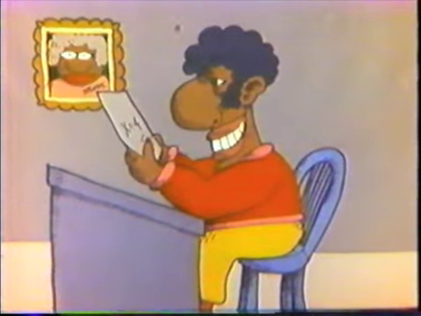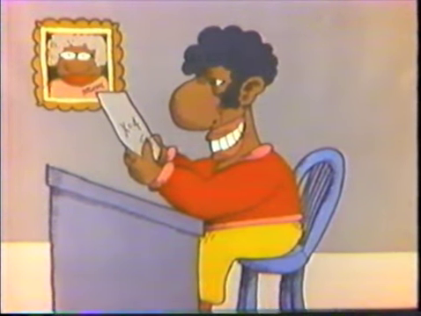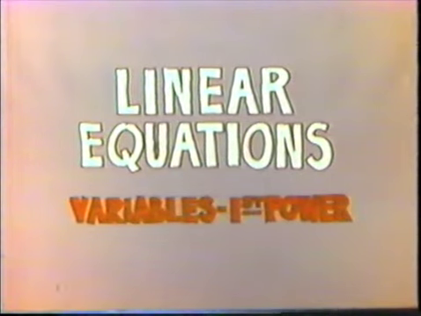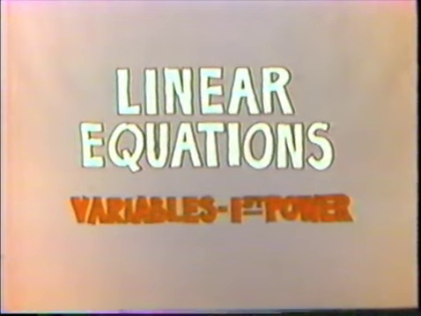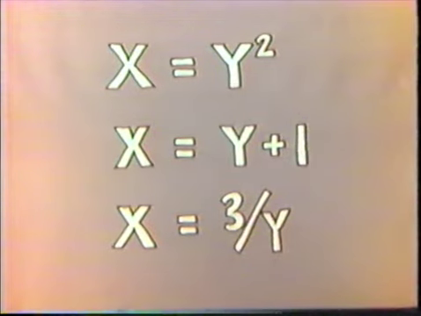As you begin working with equations, you will find that there are many different kinds. This unit has to do with linear equations. The distinctive characteristic of a linear equation is that all the variables are to the first power. For instance, although these three statements are all equations, only one of them is a linear equation.